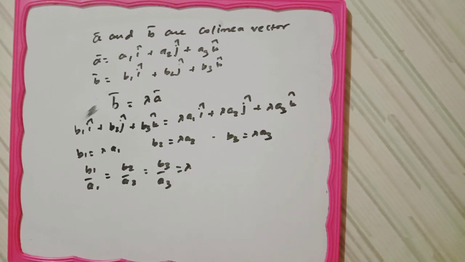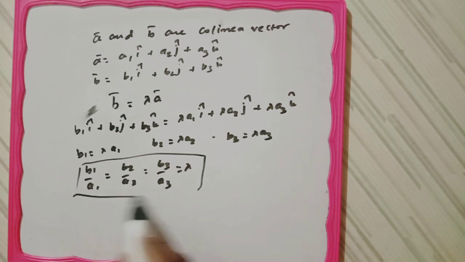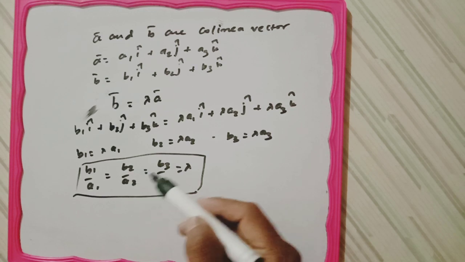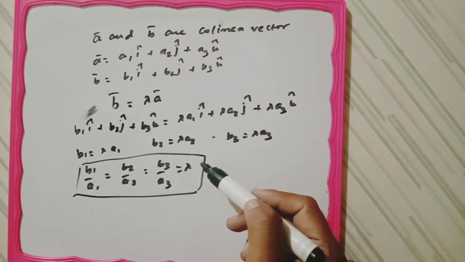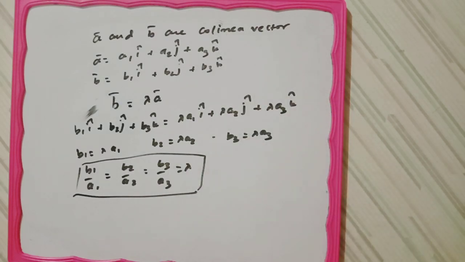So we can say that two vectors are collinear if the ratio of their components is a constant. If b1 by a1 equals b2 by a2 equals b3 by a3 equals some constant, then a bar and b bar are collinear vectors.